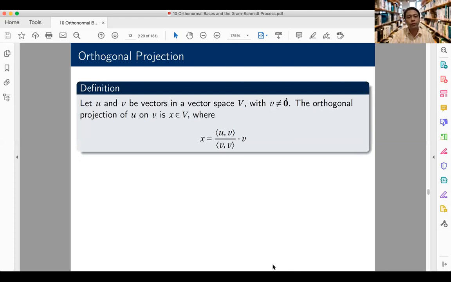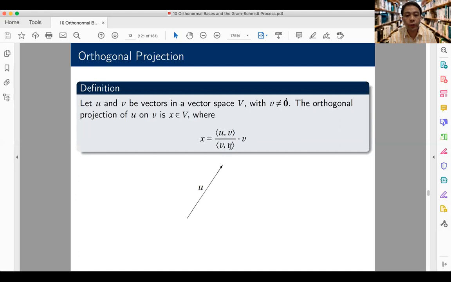The orthogonal projection of U on V is some vector X in the space V, where X is equal to the quotient of the inner product of U and V and the inner product of V with itself, multiplied to the vector V. Okay, so tingnan po natin ano to.